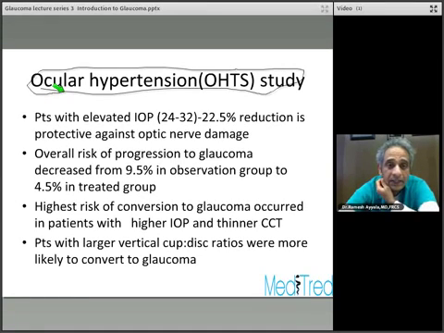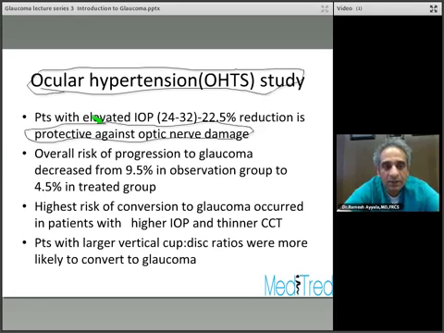What you find there is that a 22.5% reduction in the intraocular pressure was protective to the optic nerve and prevented conversion of ocular hypertension to glaucoma-related optic nerve damage. The overall risk of progression to glaucoma in this study was 9.5%, and it decreased from 9.5% in the observation group to 4.5% in the treated group.